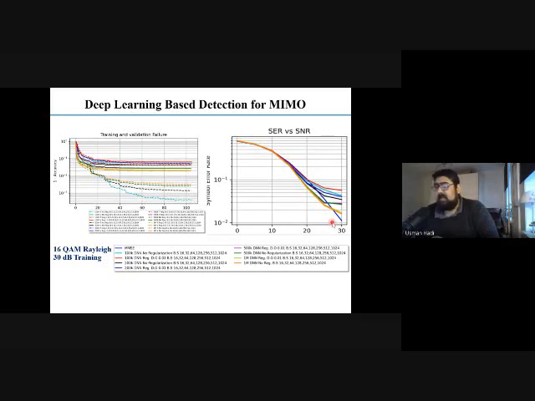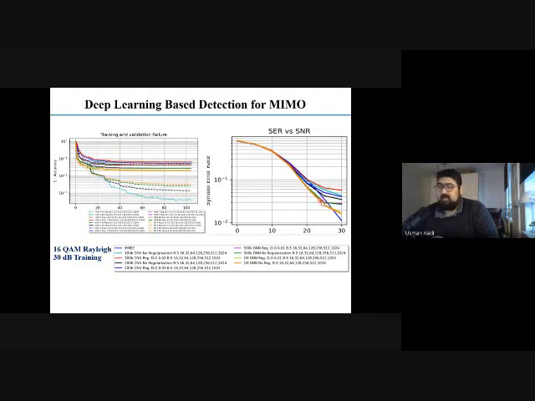We can only sell the idea that machine learning or deep learning is performing better if we can perform better than this blue curve. So for instance, if you see the 1 million regularized data, this yellow or orange, you can see that for training up to 30 dB, up to 25 or 27 dB, the performance is better. For example, you can see a very sharp kink here, from this blue curve to this orange one, you are able to perform better than the blue one.